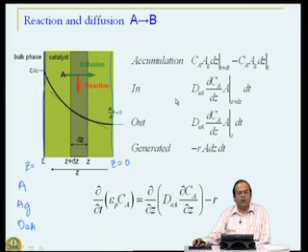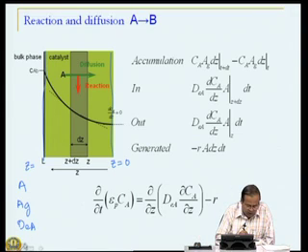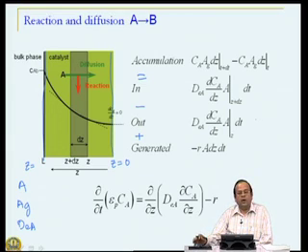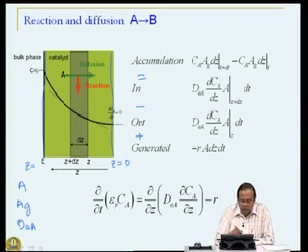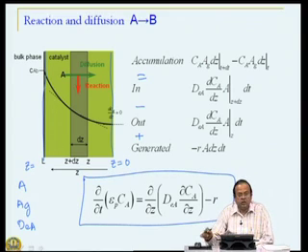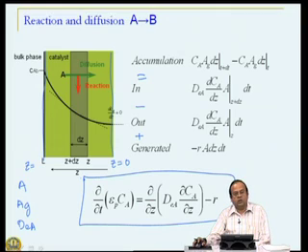So, our mass balance is fairly straightforward. Accumulation is equal to in minus out plus generation. So, putting corresponding terms, dividing by A dz dt, taking limits as dz goes to 0, dt goes to 0, we get the overall mass balance equation, or unsteady state diffusion reaction equation.